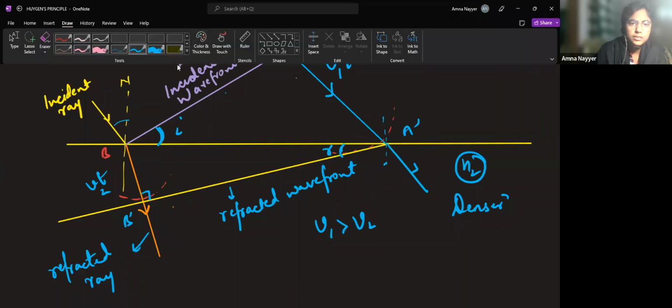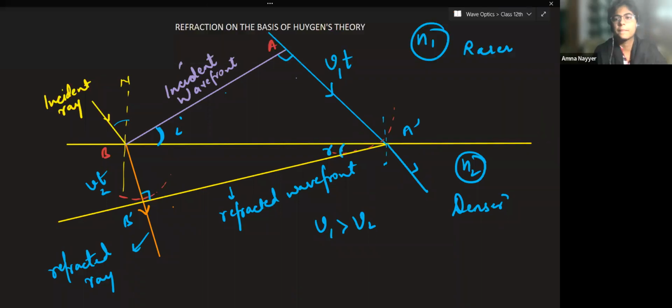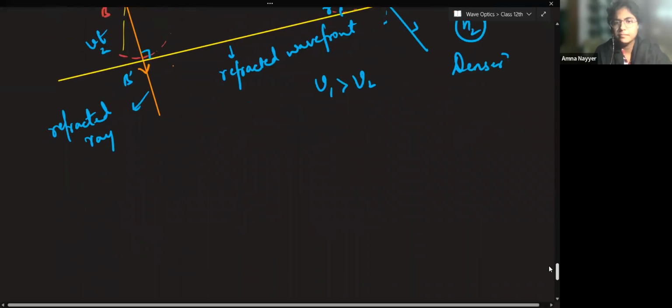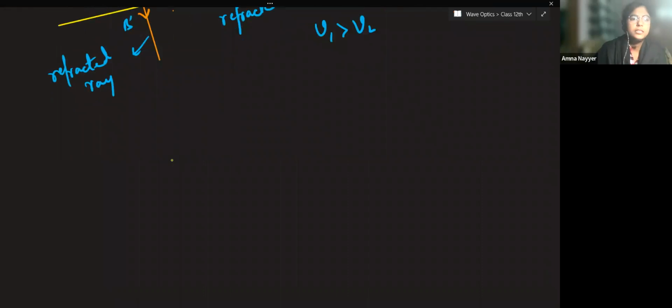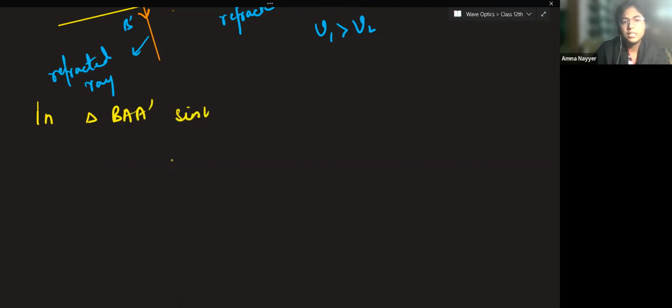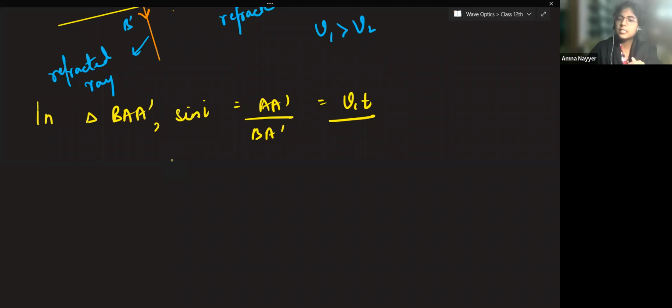Now see, let me write it first. Look here. In triangle BAA dash, sin I will be perpendicular. That was present here. If you see, that was V1T. AA dash by BA dash. AA dash was V1T. And BA dash, let's write it as BA dash only.